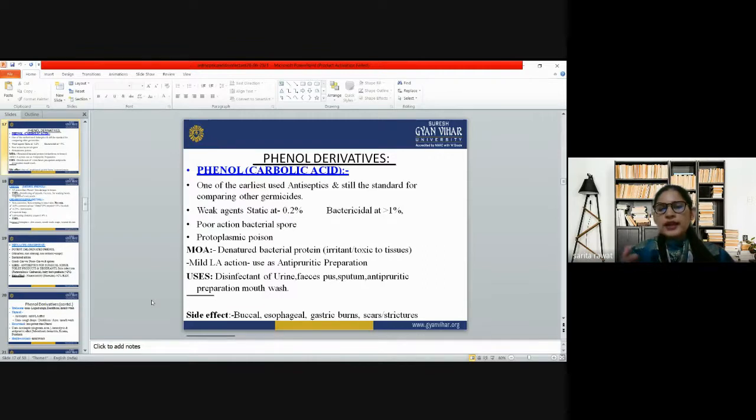So it is a very widely used preparation. Talking about the side effects of phenol derivatives, it can cause buccal, esophageal, and gastric burns, scars, and stitches.